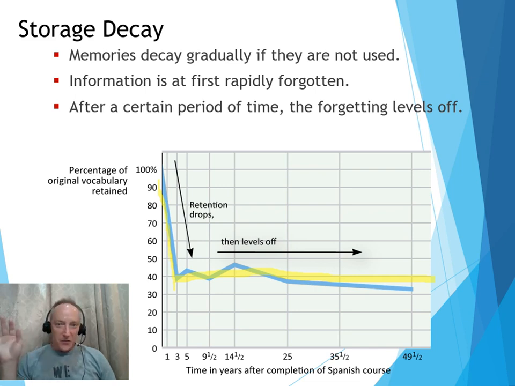So I never took another Spanish course, never went anywhere where I had to use it. This was me. Can I read those thick Spanish literature books now or write Spanish essays? Absolutely not. I experienced storage decay.